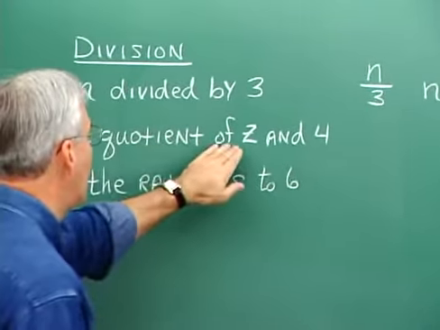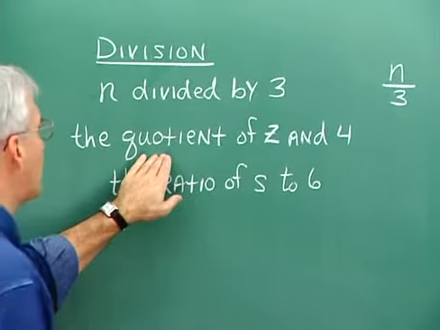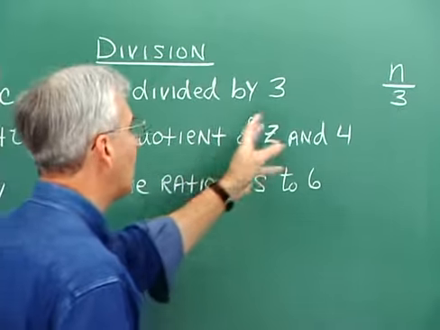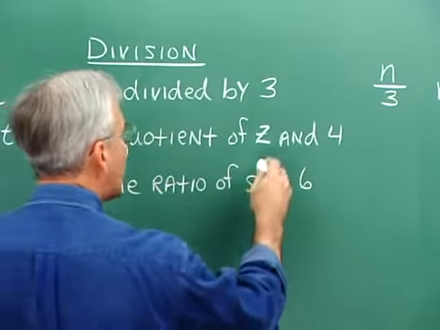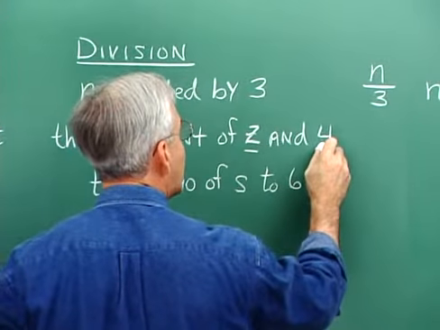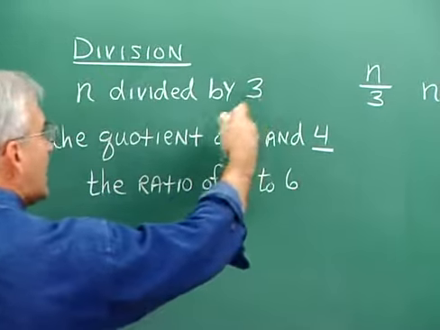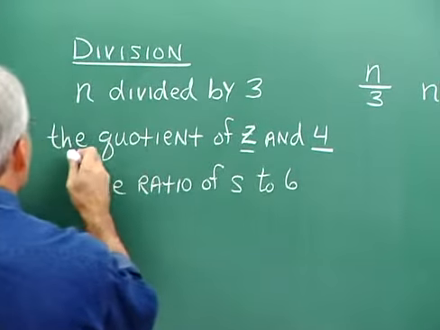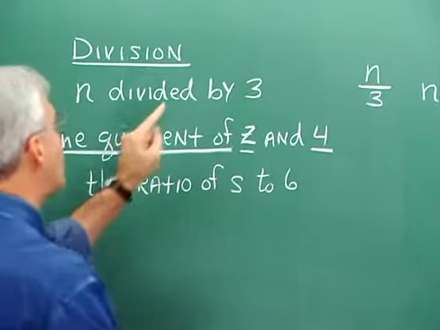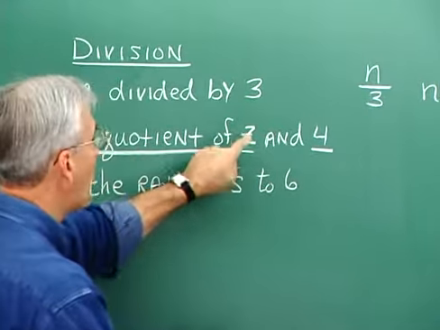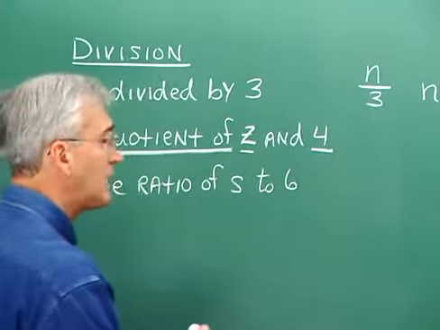The quotient of, well, quotient is the answer in a division problem. So the quotient of a couple of items tells us that we're going to divide, and we take the first item and divide by the second item. So the order is important here, but when the phrase quotient of is used, we take the first item and put it into the numerator and the second item into the denominator.